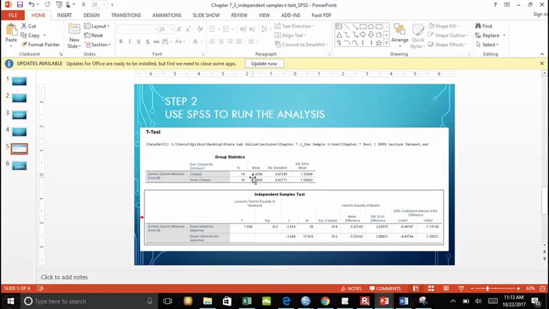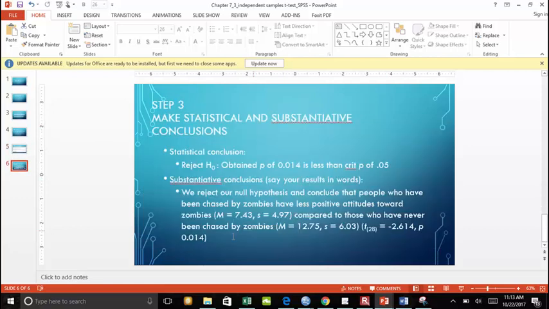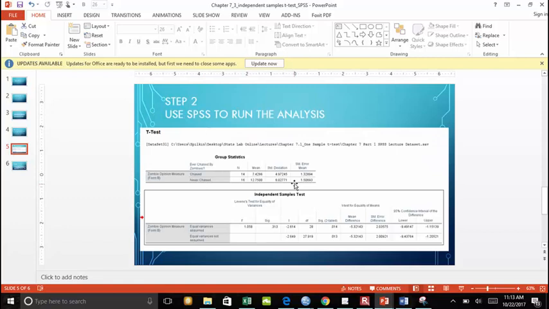Remember, that's coming from right here, the top descriptive statistics. Compared to those who have never been chased by zombies, their mean was 12.75 with a standard deviation of 6.03. Again, right here, the second line of the descriptive statistics.